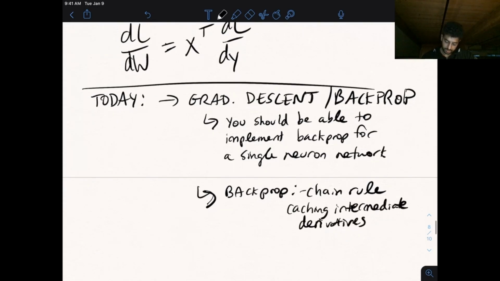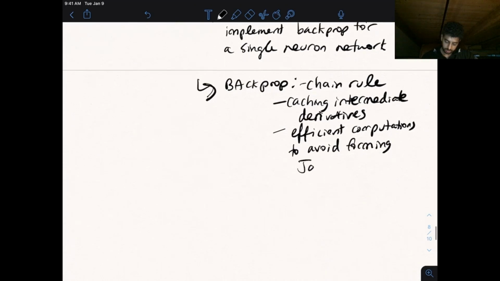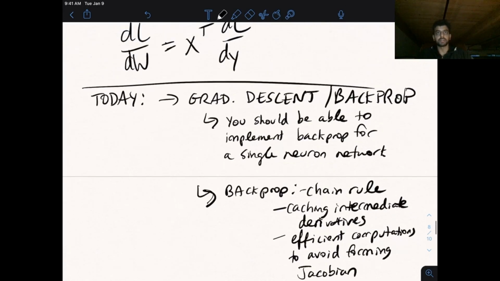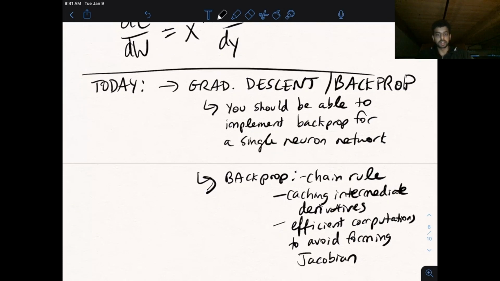And finally, using efficient computations to avoid, when you can, forming the Jacobian. So this latter part, where we derived these updates for the linear layer, these are kind of the things that are happening in the background when you use something like PyTorch to compute derivatives. So it's important to know what's going on.